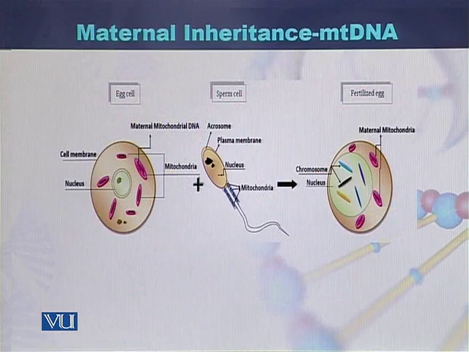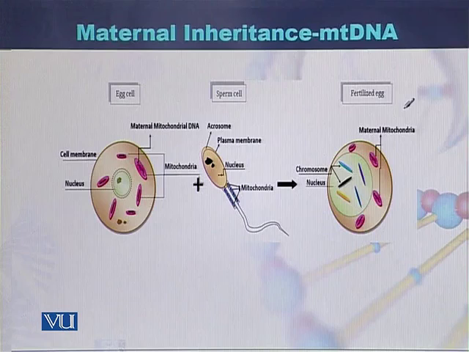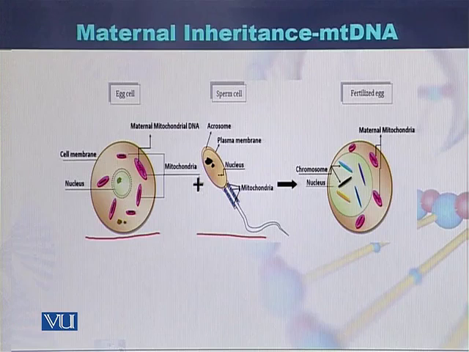Here is the pattern of how mitochondrial DNA is transferred from the mothers to the children. This is the egg, which is produced in the females. This is the sperm, which is produced in the male. In the egg, the mitochondria are present within the cell of the female.